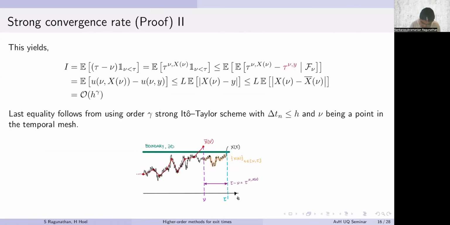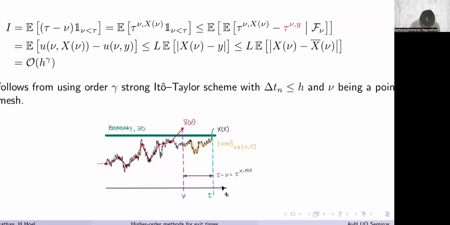If you look at this image here, you see that the red part basically represents the numerical process, and the numerical process has exited at this time here, whereas the exact process is still inside the domain. So in this case, you can consider that X of nu is still inside the domain, and then it evolves from time nu all the way up to time tau until that process also exits.